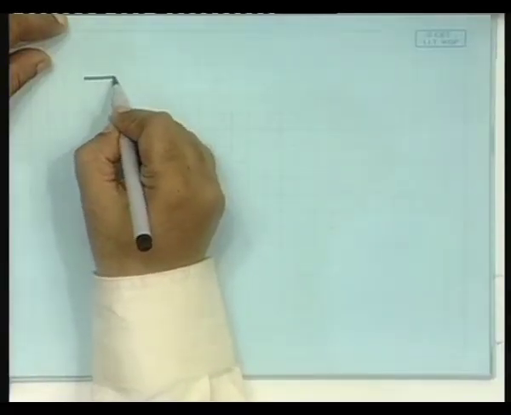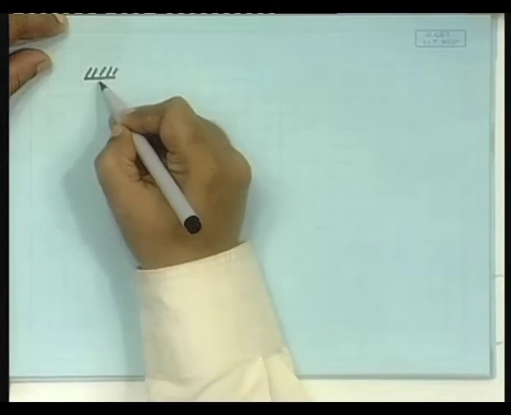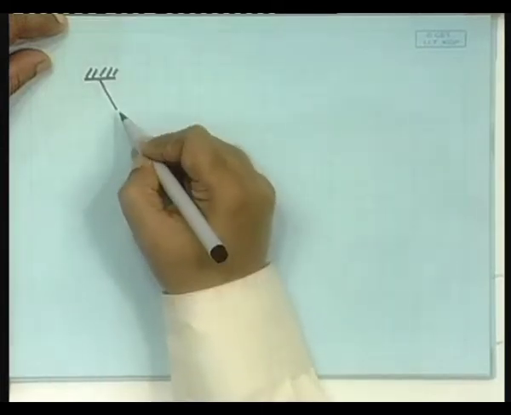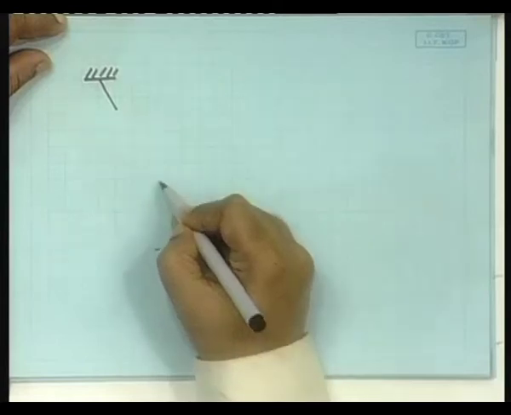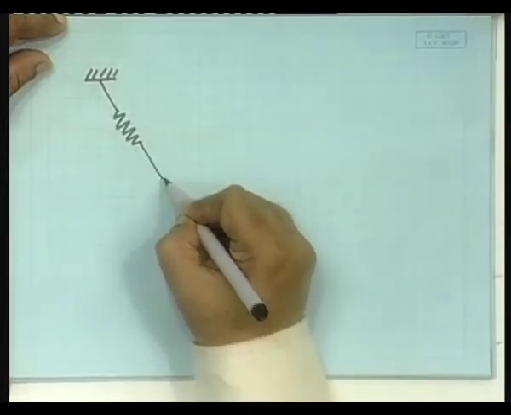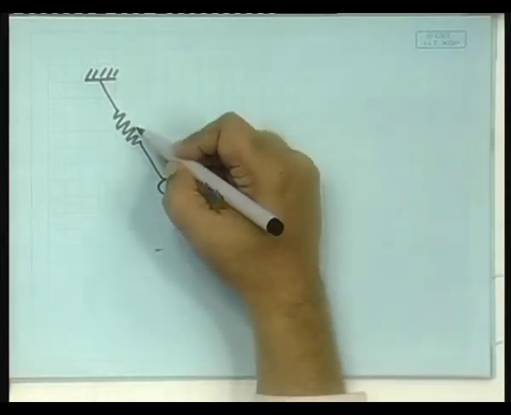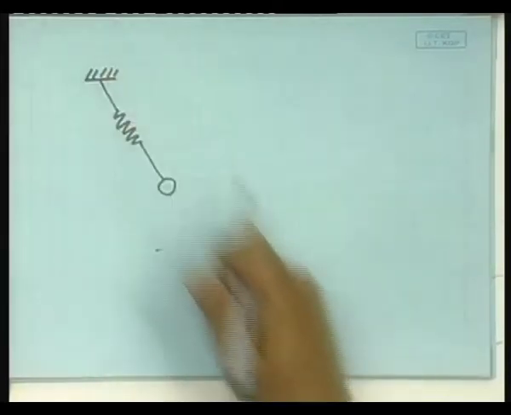Say again, let us take the pendulum, but let us make it a little more complicated. Suppose here it is, but instead of just being connected, here is a spring and then you connect it. What has happened because of the spring?